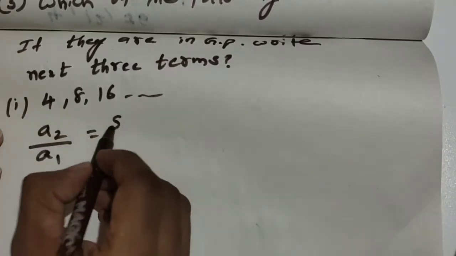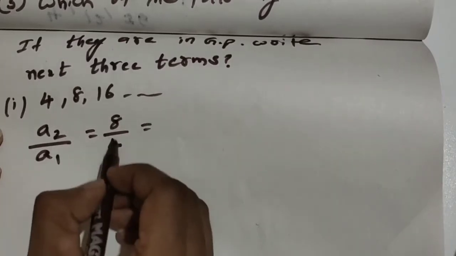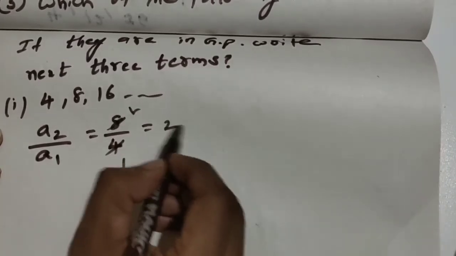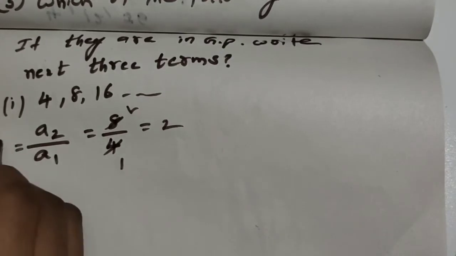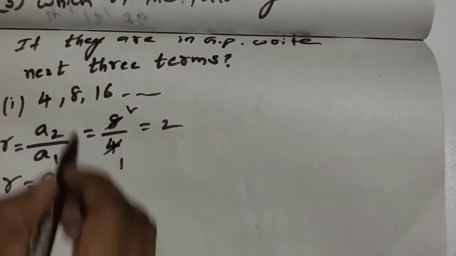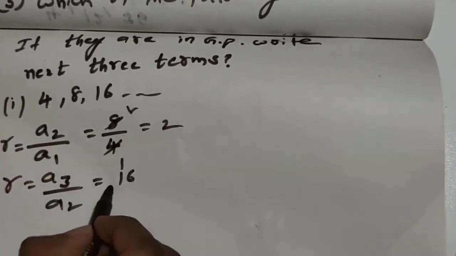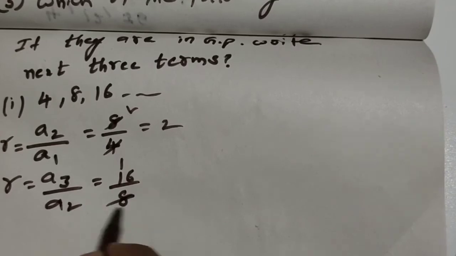So here simply we get a2 is 8, a1 is 4, that is 4 2s are 8, we get 2. Okay, and then next divide a3 and a2. So it is 16 by 8. So 8 2s are 16, so 2.